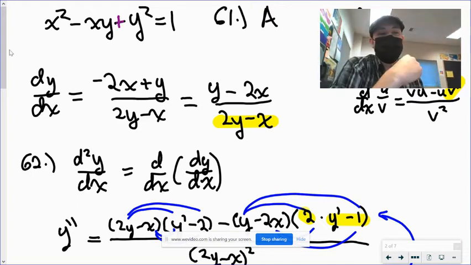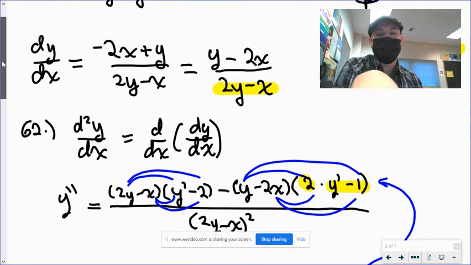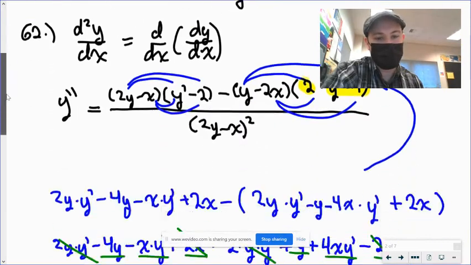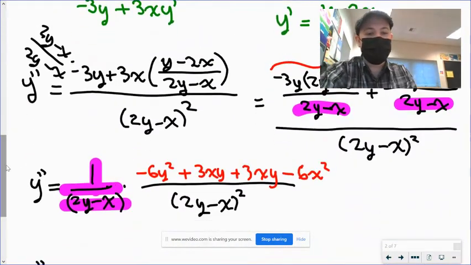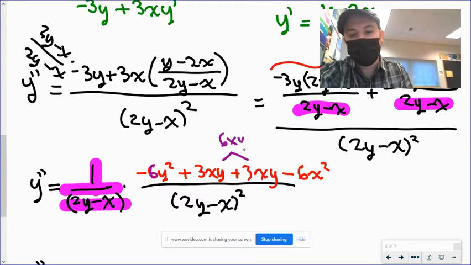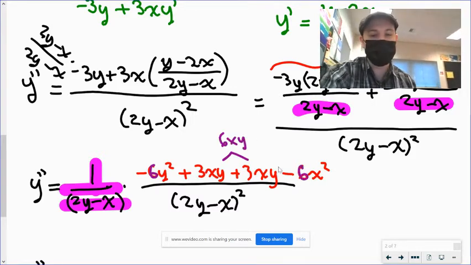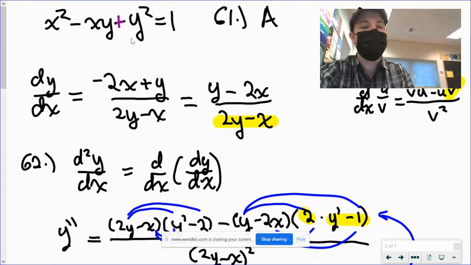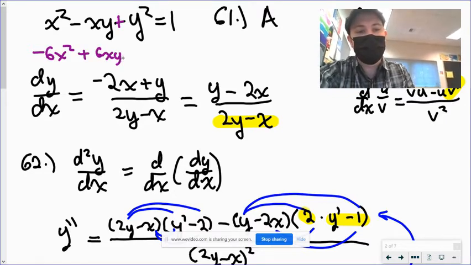Oh, but wait, Sharon, that doesn't change it because you told us the answer, right? Okay. But here's the deal. Do you notice that there's a 6 here? Happens to be negative. That's right. There's a 6 there. If I were to combine these, it would make 6xy, yeah? And there's a minus 6 there. Oh, this is so cool. If I go back to the original expression, if I multiply through by negative 6, negative 6x squared plus 6xy minus 6y squared must equal what?